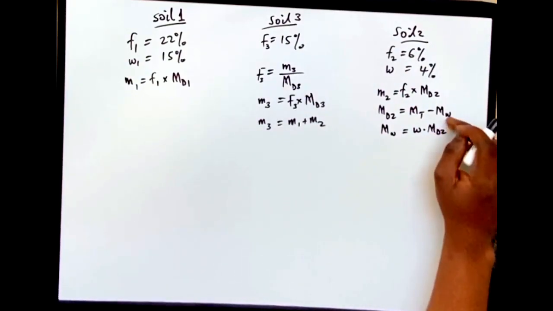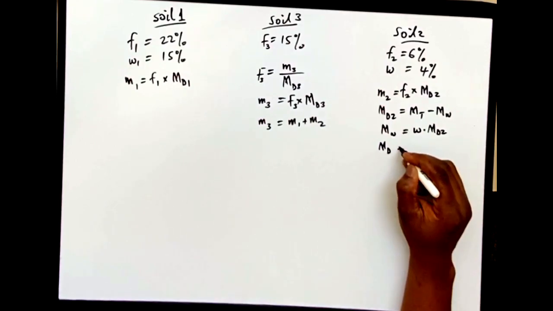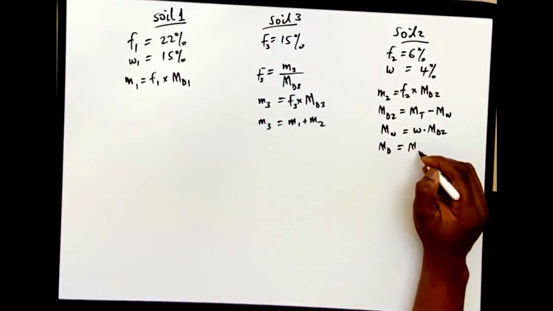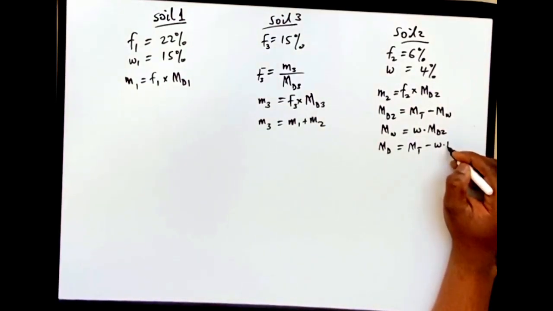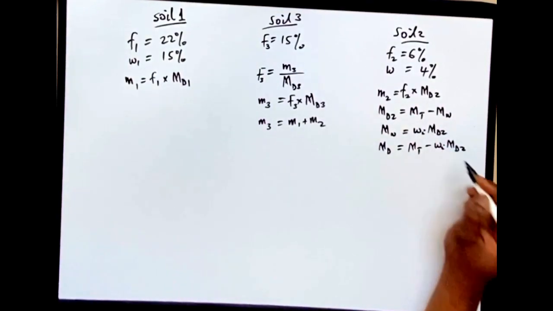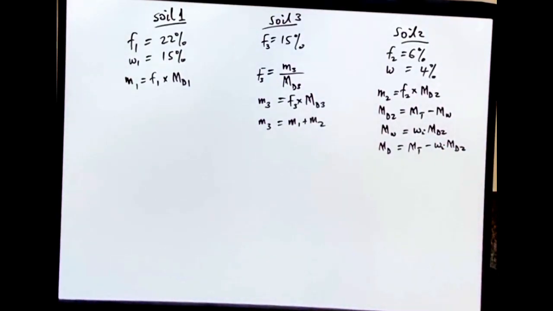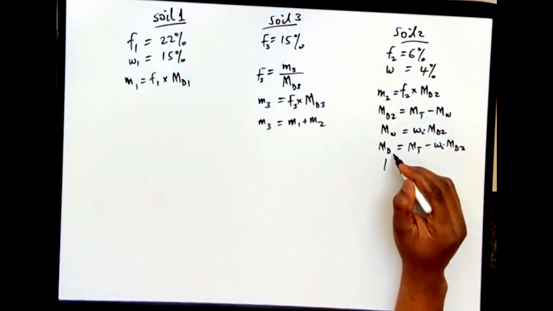Okay, so if we put this in here, you'd have dry weight, wet weight minus moisture content times dry weight, and that's moisture content of soil 2. Let's keep the naming accurate. All right, so from this we can, and then this is 2.